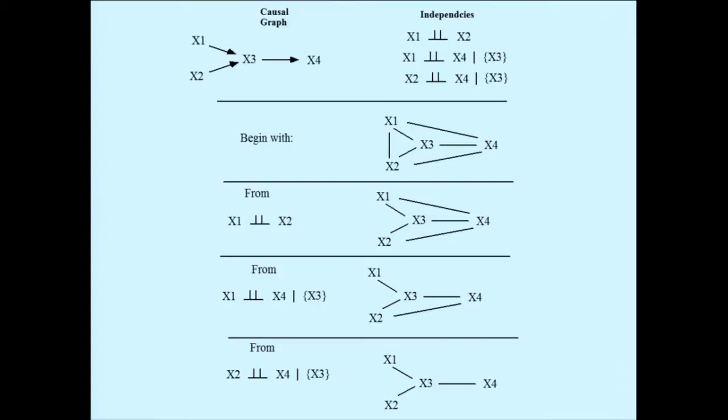And we do the same thing for x2, x4. We no longer have to consider x1, because it's not adjacent to either one. So we only consider x3, and then x2 and x4 are independent conditional on x3, so we take away that adjacency as well. So that's the end of the adjacency phase, and we got just the right adjacencies.